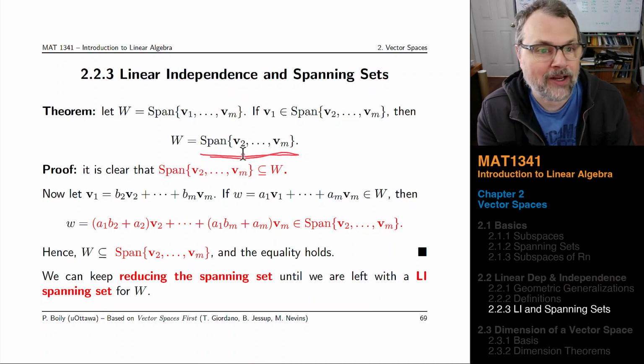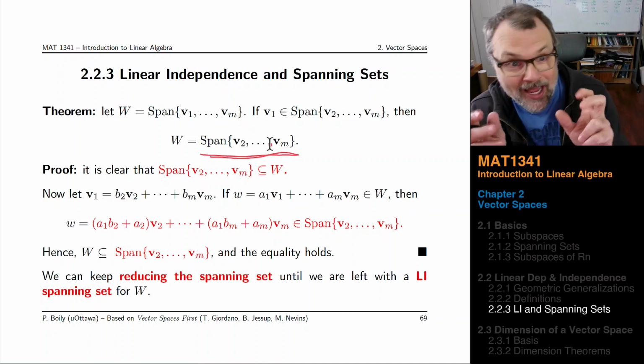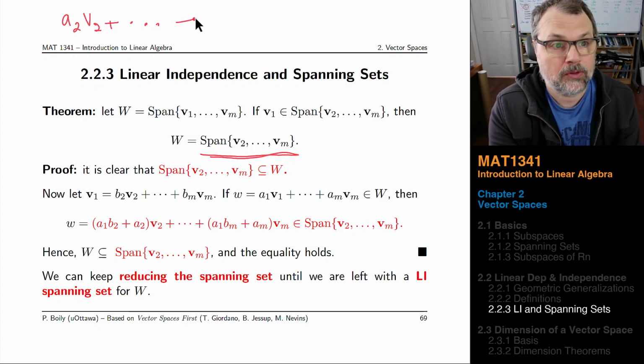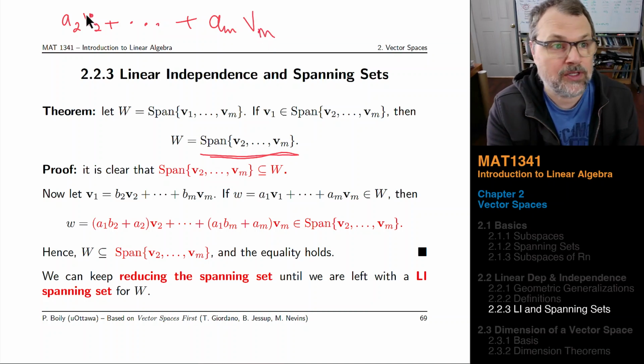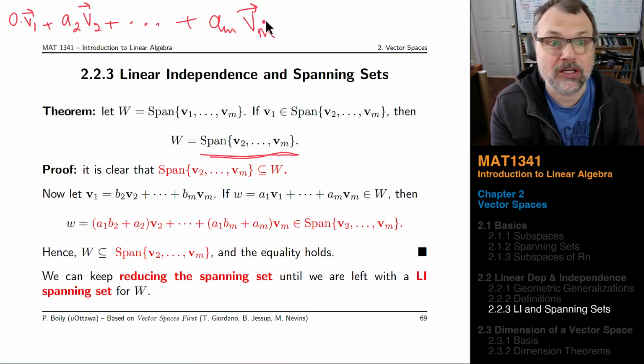So obviously if I look at linear combinations of v2 all the way up to vm, well, I can create out of this a linear combination, let's say a2v2 all the way up to amvm. So that's something that's in the span of the remaining vectors. I can add 0 times v1 to that without changing the linear combination.